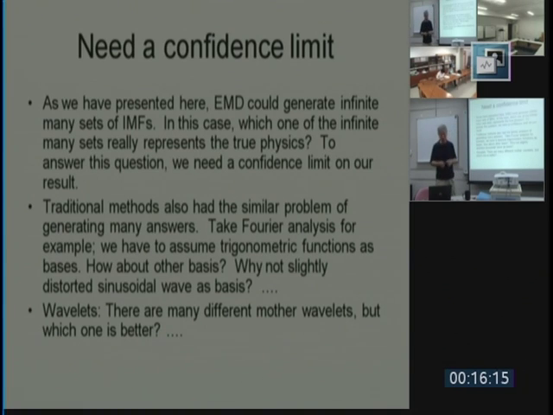Now, the traditional method has similar problems. Even Fourier analysis, for example. The Fourier analysis is sine cosine. Well, how do we know that the sine cosine is best? Or even within sine cosine, how do we know this spectrum actually represents the true spectrum? So we have to try many times.